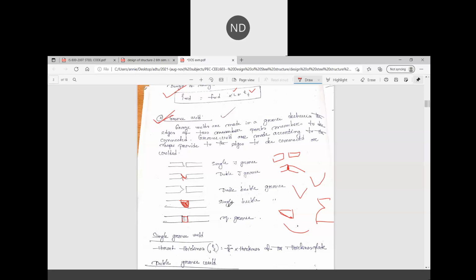So when you see the pictures here, the diagrams are not properly done, but I'll give you an assignment also. Take the assignment: different types of groove welds. What are the different types of groove welds? Okay, let me write in the chat box. This is your assignment. Assignment 1 is: write the different types of groove welds.